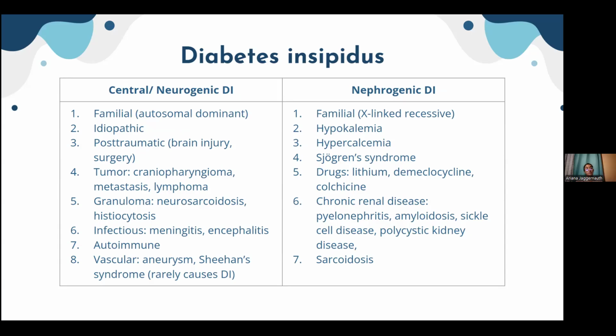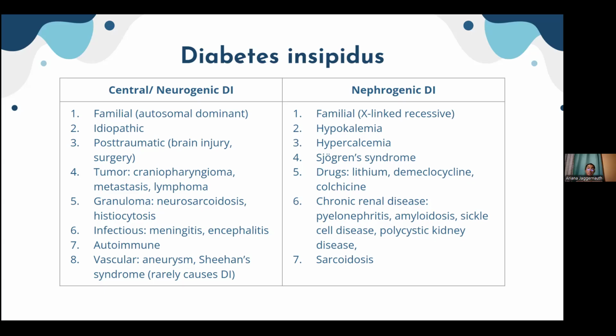It can also be due to post-traumatic changes. So whether it be injury to the brain or even post-operatively. Can also be due to tumors, namely craniopharyngiomas, even metastatic disease and lymphomas, granulomatous diseases such as sarcoidosis and histiocytosis, infectious causes such as meningitis and encephalitis, as well as autoimmune and vascular causes as well.